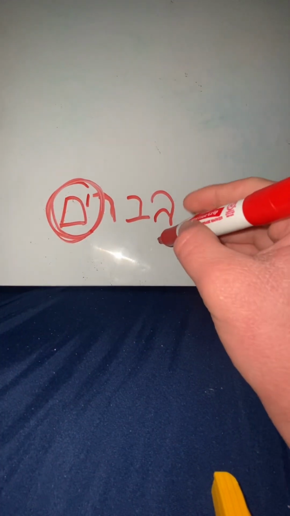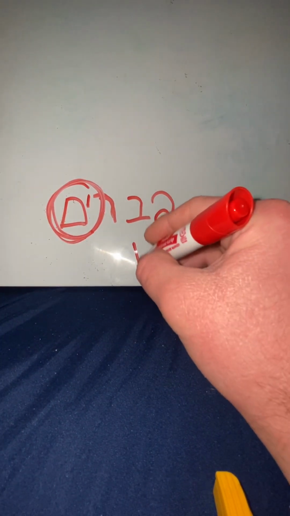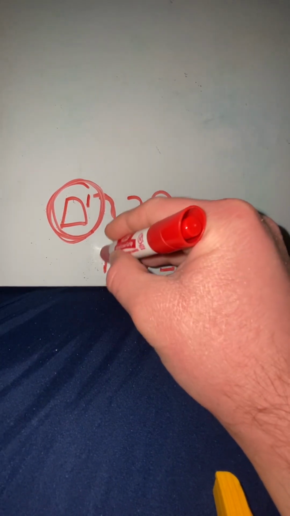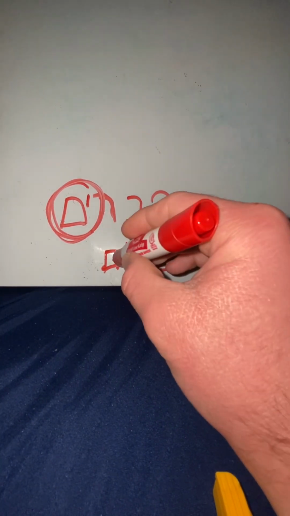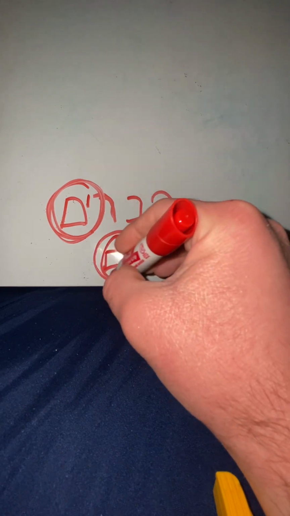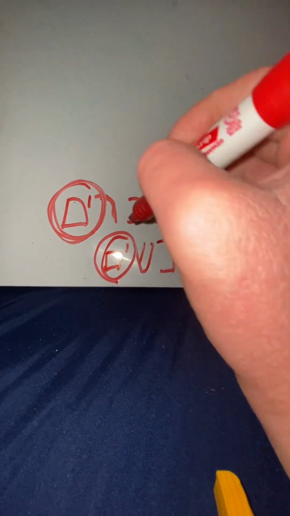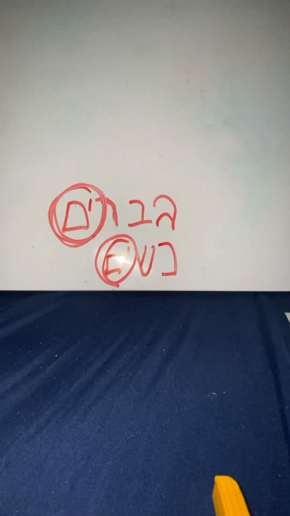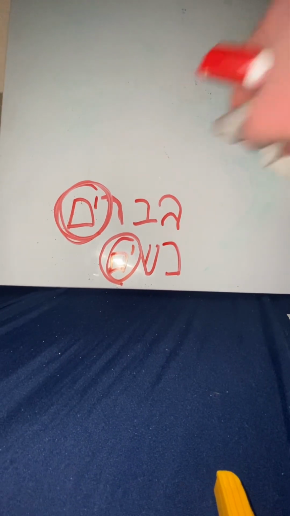Now, you will have Nashim, which means women, and that has this ending here. That is an exception, and that's Nashim. But anyway, that is an exception there.